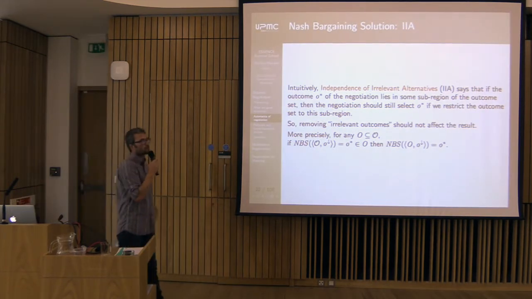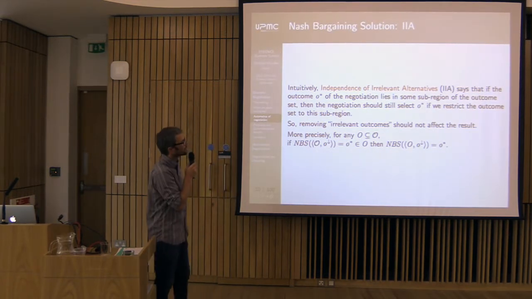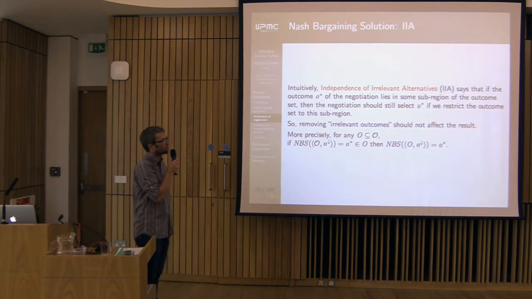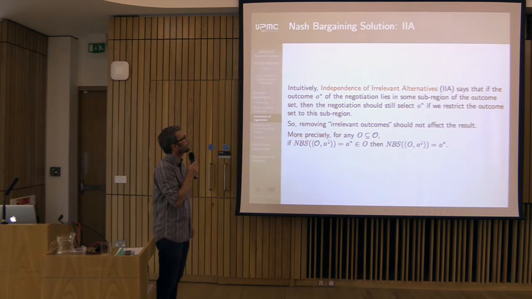And maybe the most controversial axiom is the independence of irrelevant alternatives, IIA, which also comes in different forms. This kind of idea comes in different forms in social choice, in voting, and so on, in different theorems of voting, like Arrow and so on.